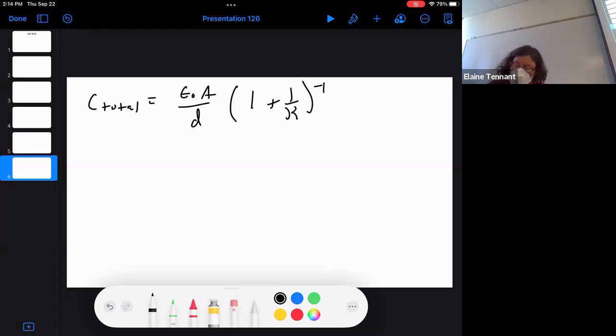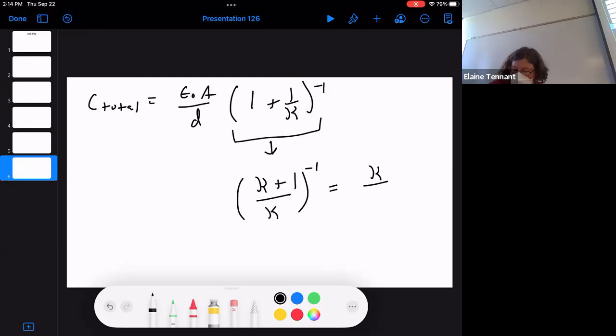Just to work this out, I don't know if they care if you work this out or not. But to work this out, that's kappa plus 1 over kappa to the negative 1. And so that's kappa over kappa plus 1. So you could take this and use that instead of having what's in that parentheses inversed.